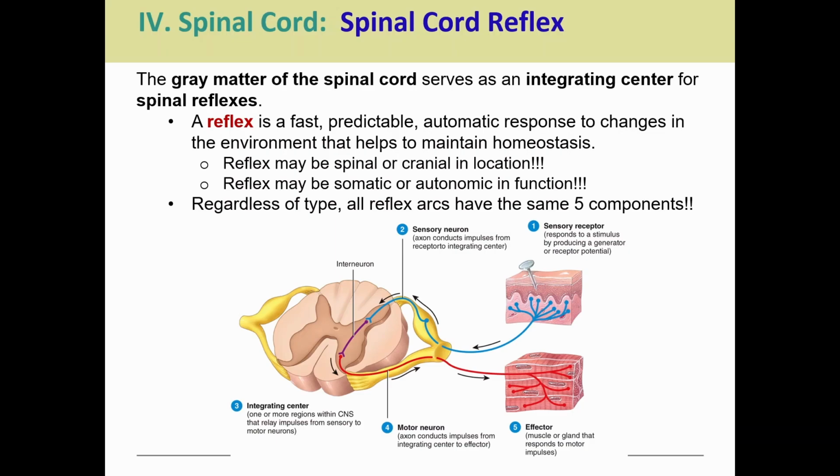The motor neuron sends us to the muscles, like in this case in the foot, and then those muscles contract to lift your foot up off the ground. So they have all these basic things: the receptor, the sensory neuron, the integrating happening in the central nervous system, then the motor neuron carrying a signal out, the effector then causing an effect. And these happen fast, right?